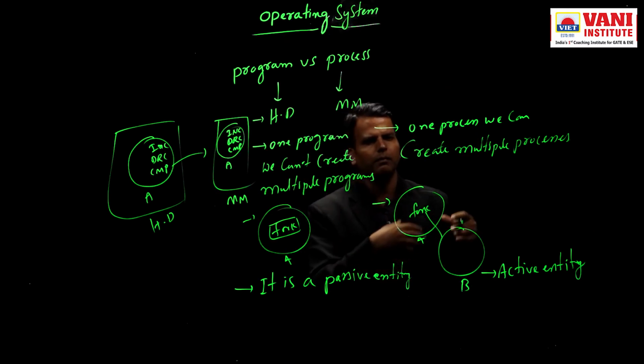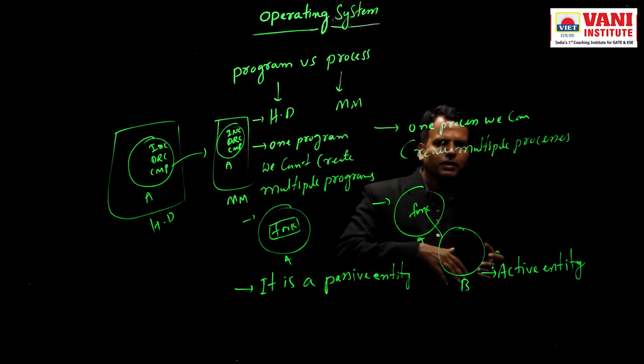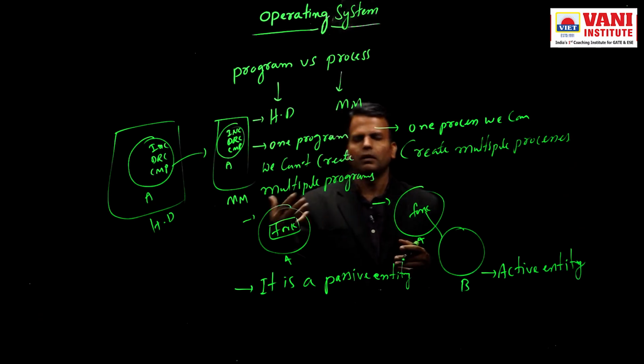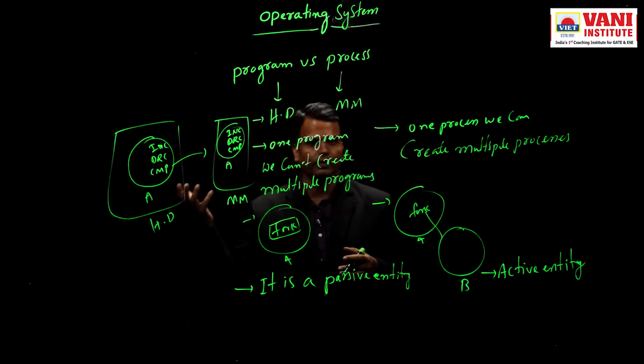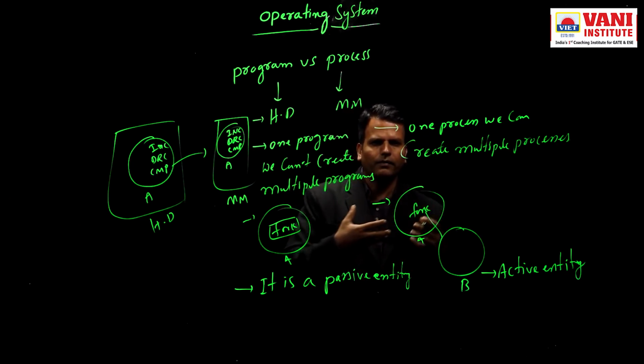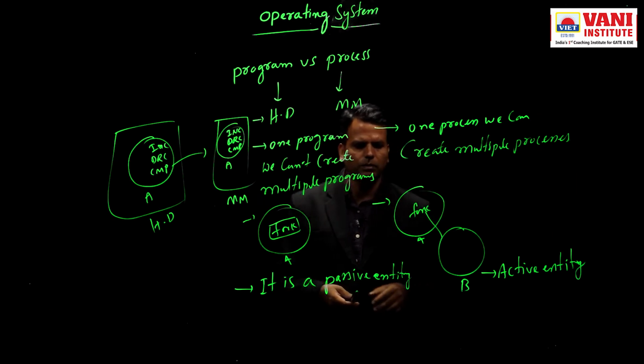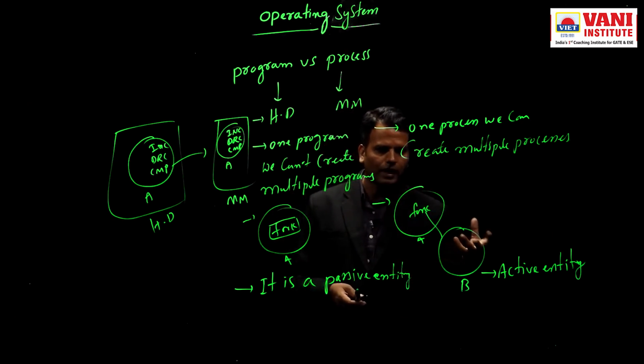Sometimes you are present inside the home, sometimes you come to the college 9 to 5, after that you go to the home, and late night 9 o'clock you reach home. But what is the meaning of this? At different points of time you are at different locations. So a process is also the same, it is performing different actions. That's why it is called active.